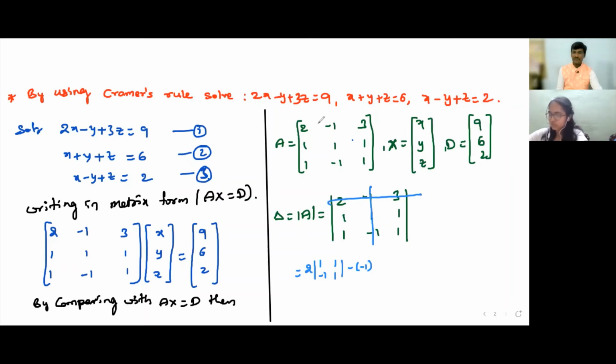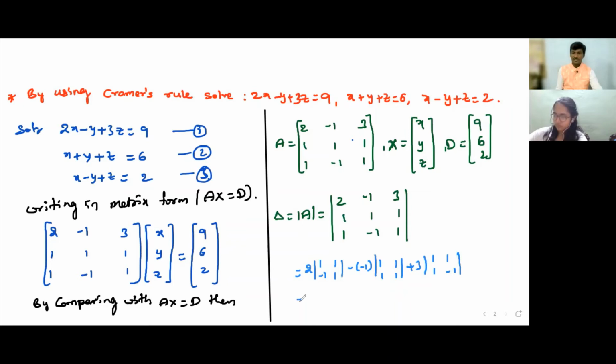We close the row and column and we take extra minus for this. So that means it is 1, 1, 1, 1. Plus 3 into, close the row and column, 1, 1, 1, minus 1.